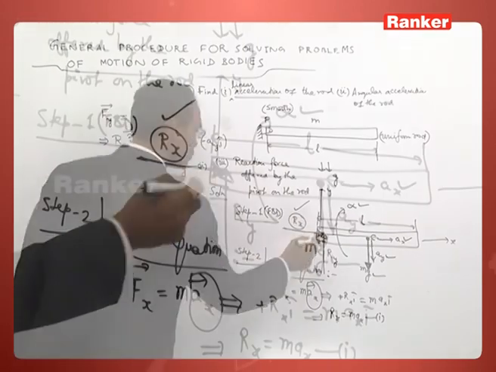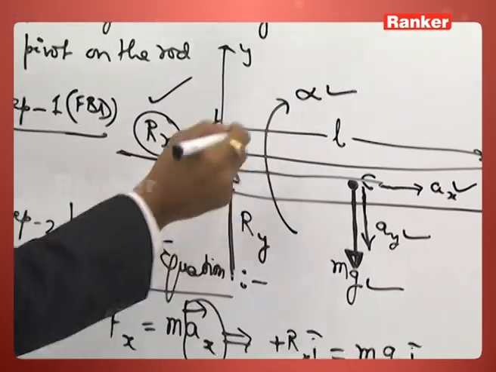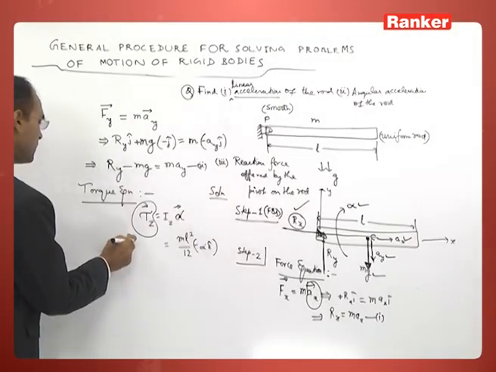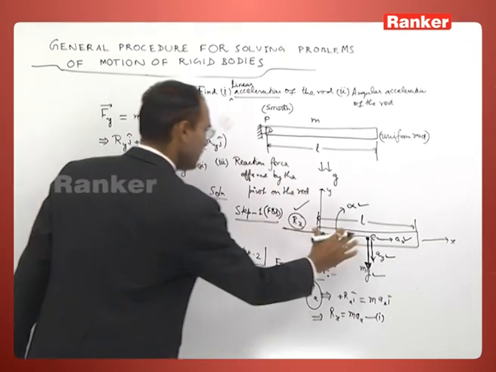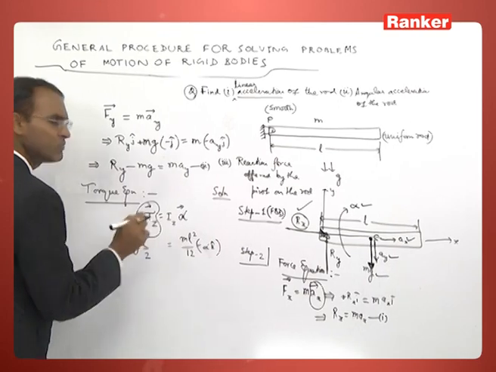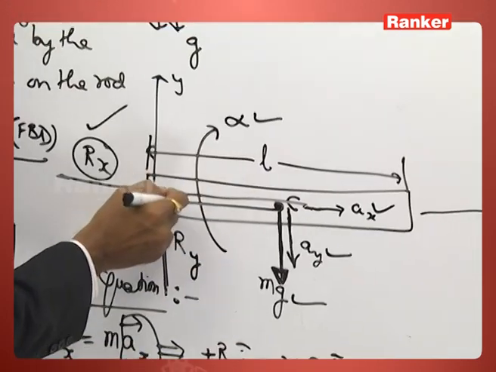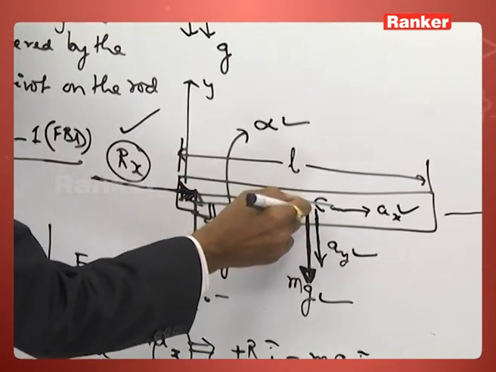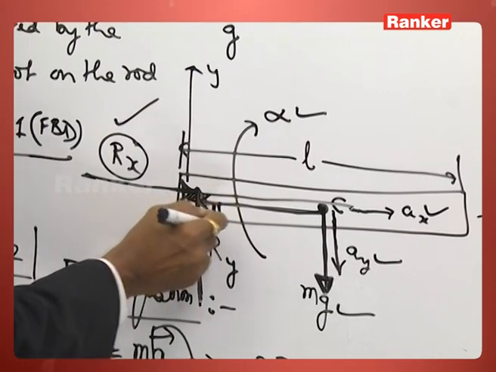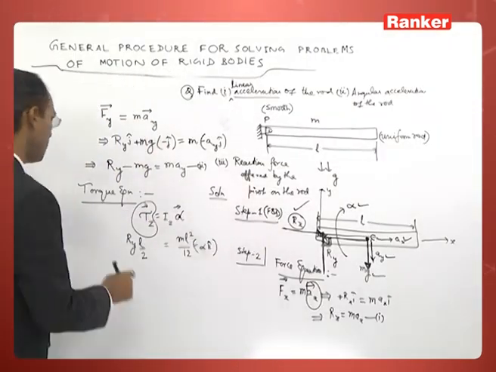Then the net torque is produced by this reaction force component. So net torque is equal to Ry into this length, that is L by 2, and the angle between the position vector and the force vector is 90 degrees. Therefore, sin 90 is equal to 1.